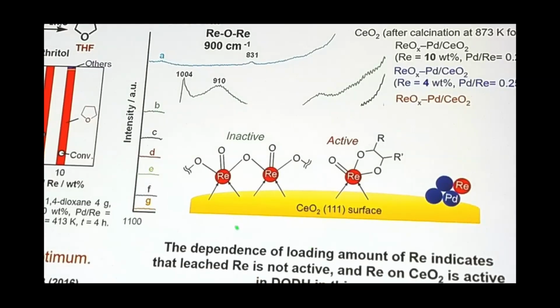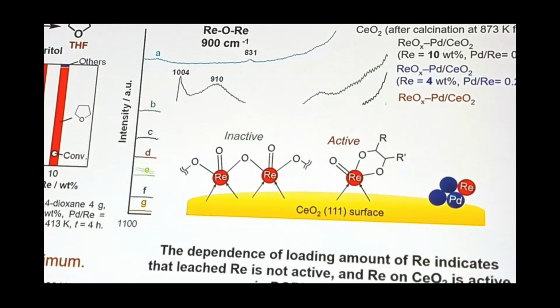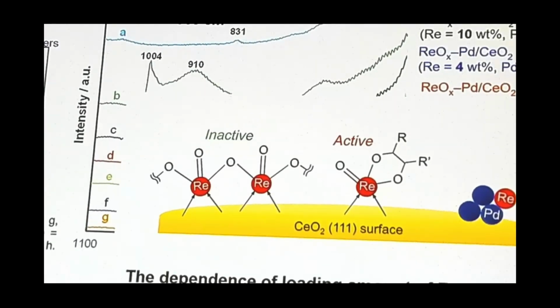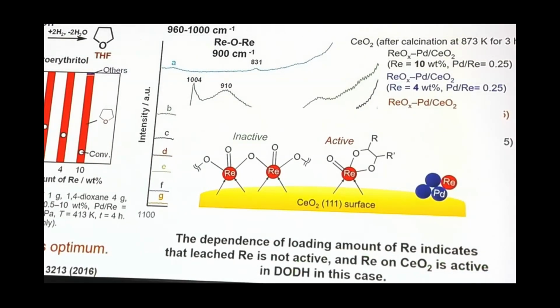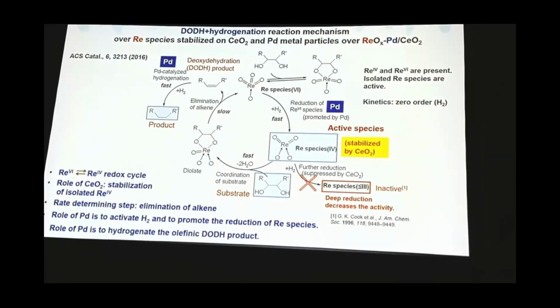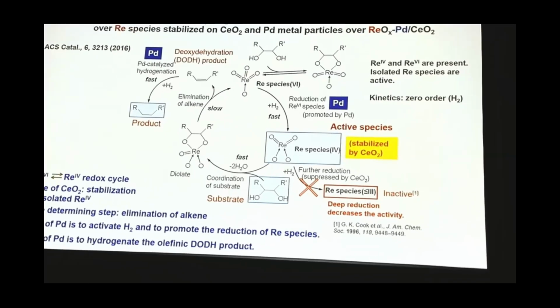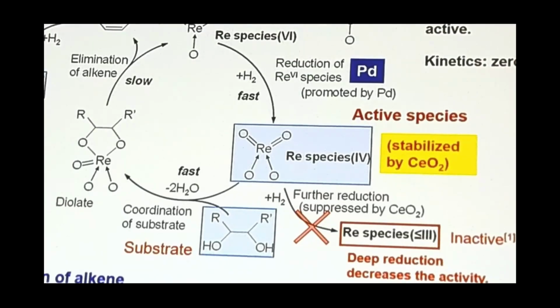Another important point, the dependence of the loading amount of rhenium here indicates that the rhenium is not active by itself, and the rhenium on ceria is active in the DODH reaction. According to the kinetic analysis, for example, the zero reaction order with respect to the hydrogen, and almost zero reaction order with respect to the concentration of the diols, we propose this kind of catalytic cycle.